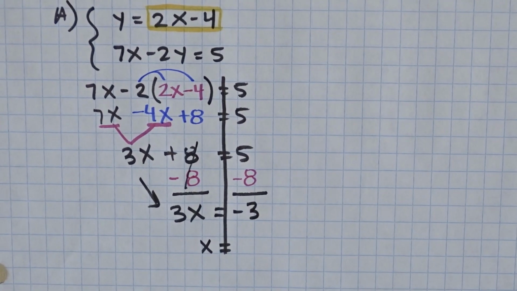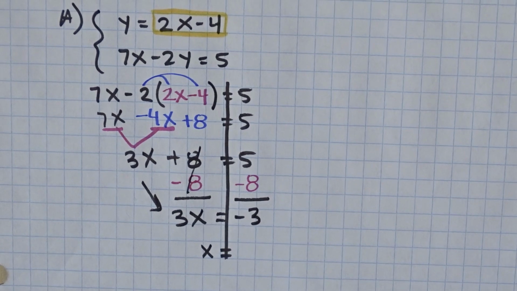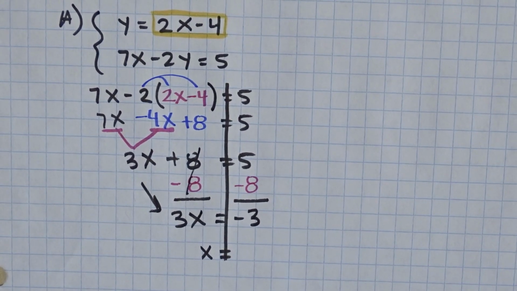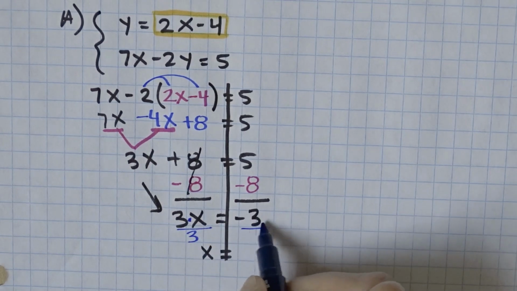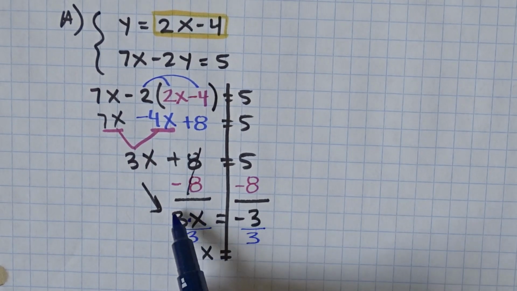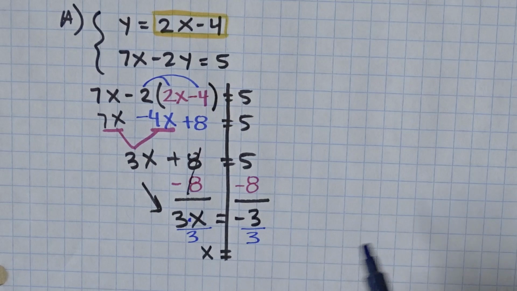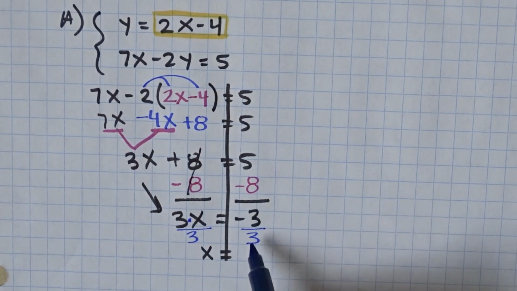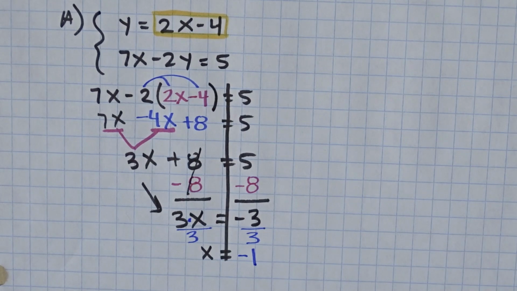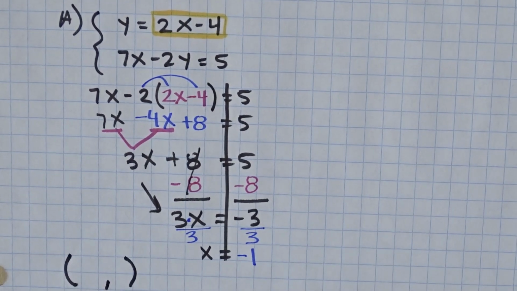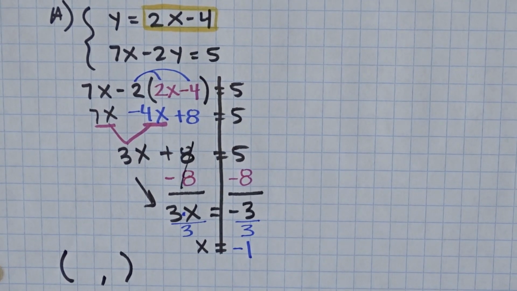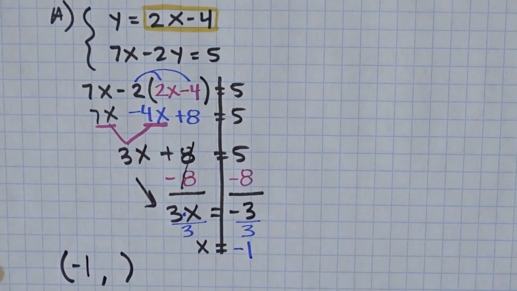To eliminate that 3 that's with the x, the inverse operation of multiplying by 3 is dividing by 3. 3 divided by 3 is an invisible 1. And negative 3 over 3 is negative 1. So now, I did say we're going to have a point as our solution. And we just found our x coordinate, negative 1.